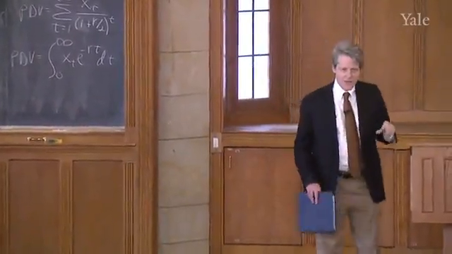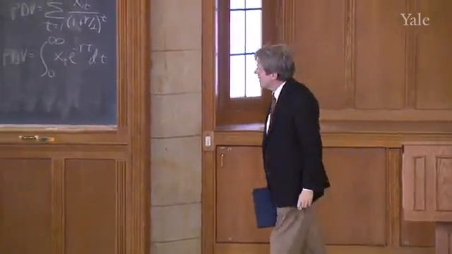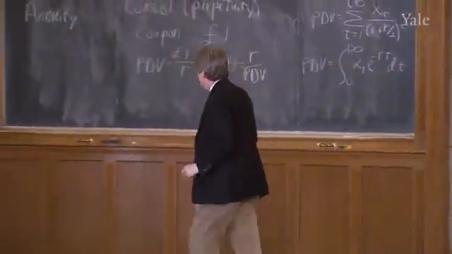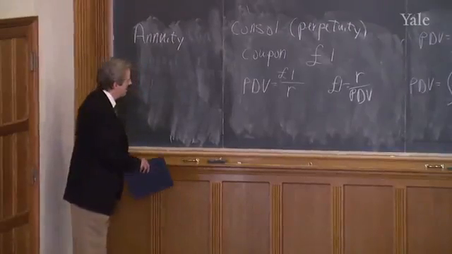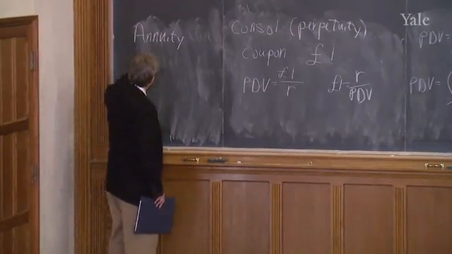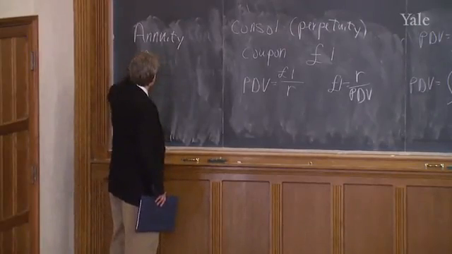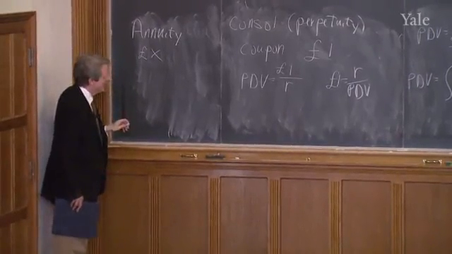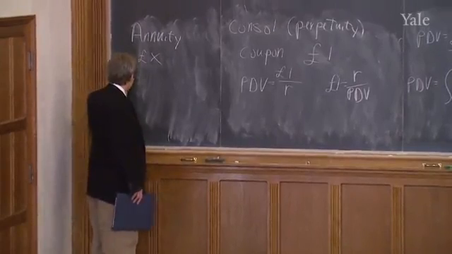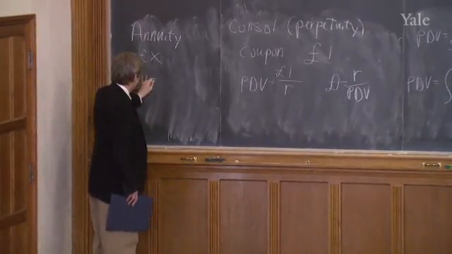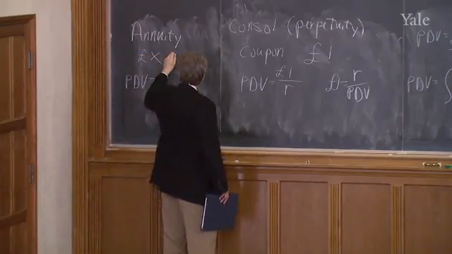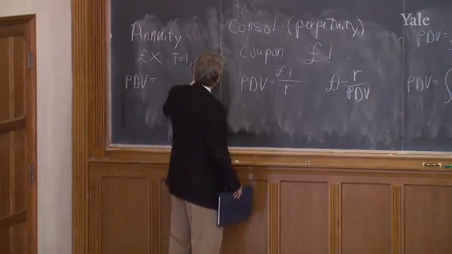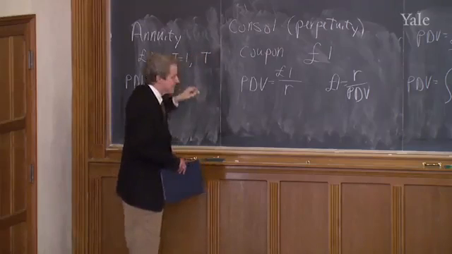An annuity is like a console for a while and then it stops. An annuity pays a fixed payment each period until the expiration or maturity of the annuity. So let's say it pays X pounds every year, from t equals 1 to capital T, and then it stops.